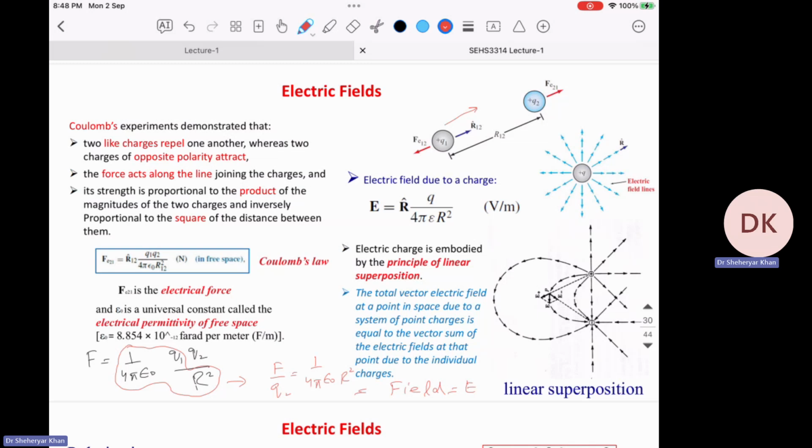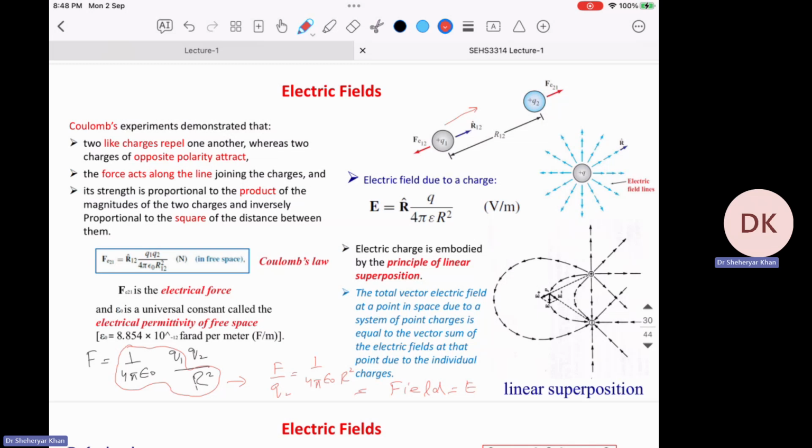So what do these lines mean? These lines mean that if you place another charge here, it will experience a similar pattern or similar force depending upon the nature, either positive or negative, right? So here we can have a concept of electric field lines, right?